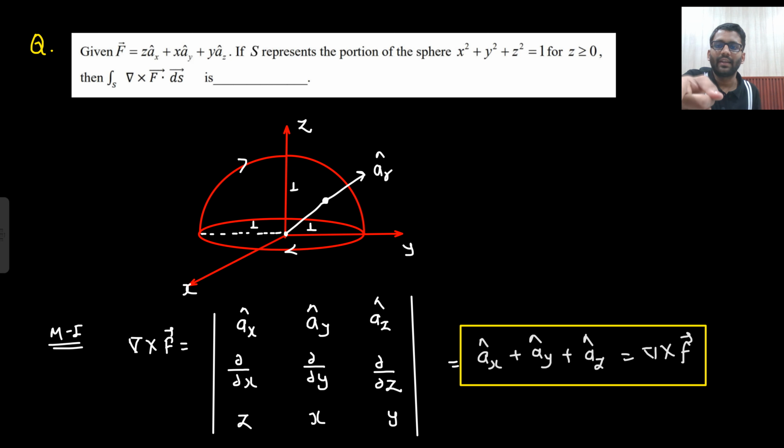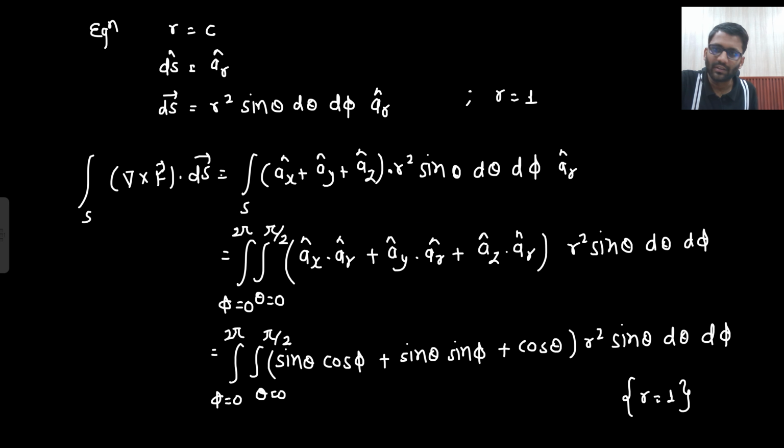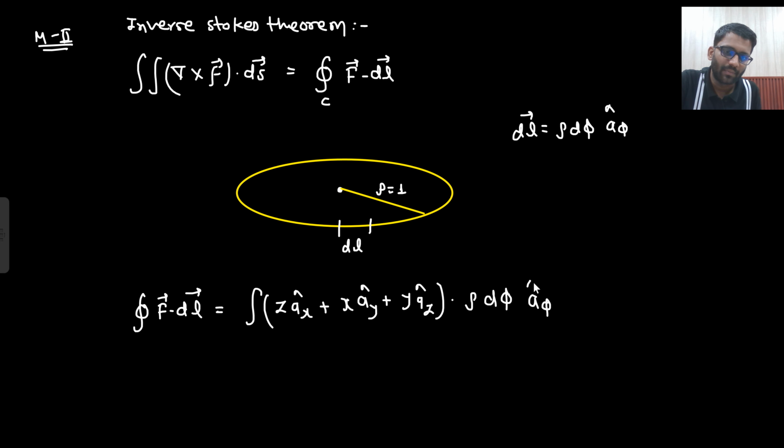So f is z ax cap plus x ay cap plus y az cap, dot this rho d phi a phi cap.